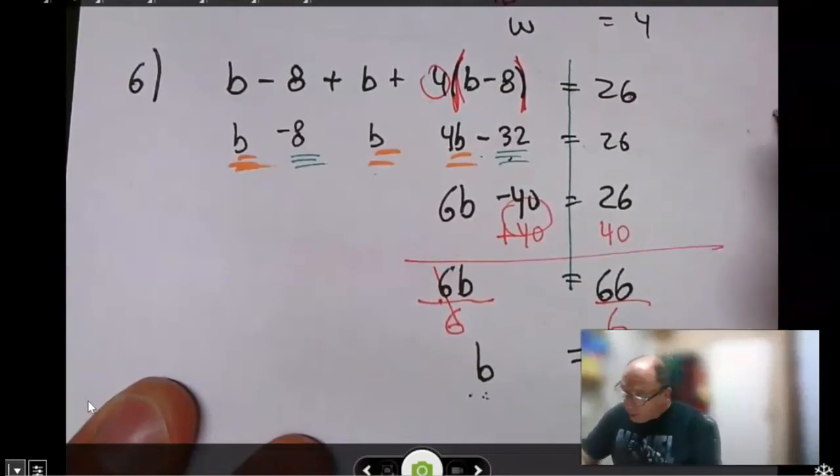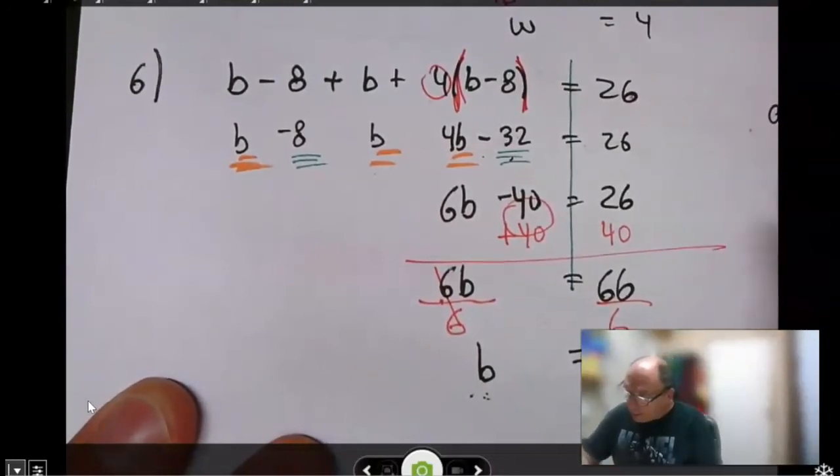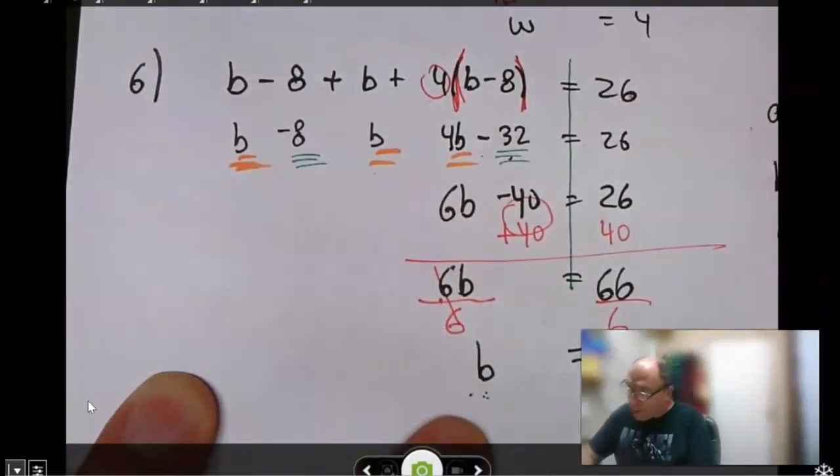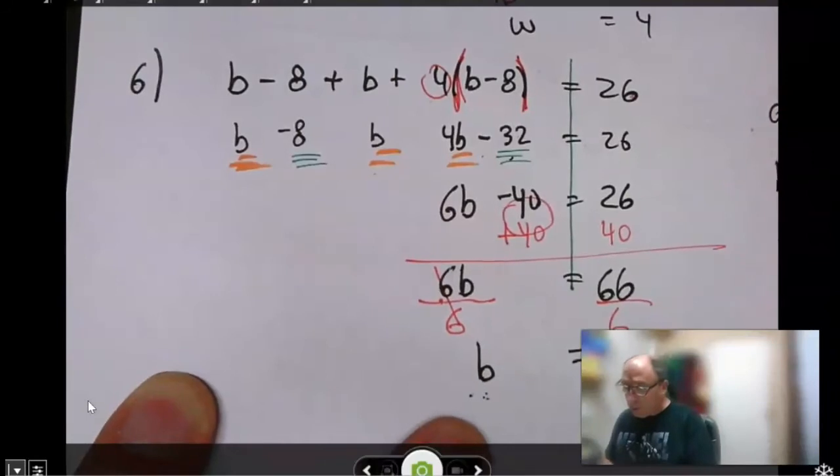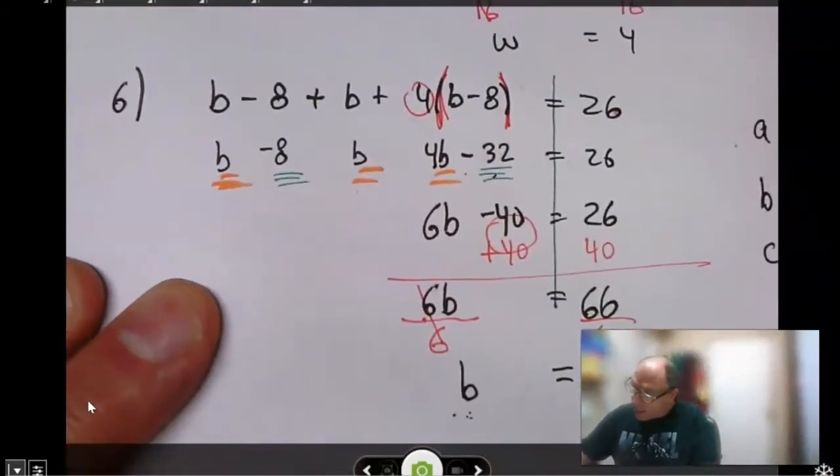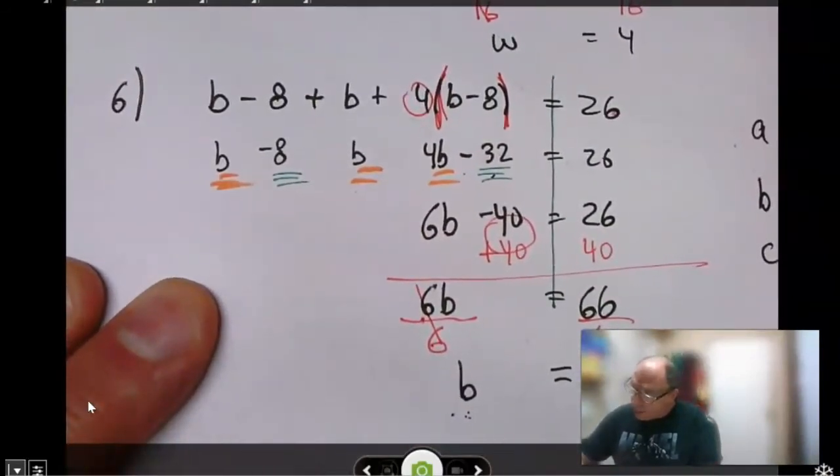So I'm wondering what side A is, what side B is, and what side C is. 3 sides of the triangle, and we know that B is 11. We knew that side A was B minus 8. So side A was side B minus 8, or 3, the shortest side.